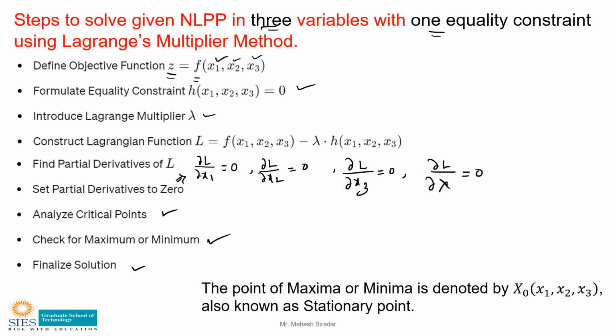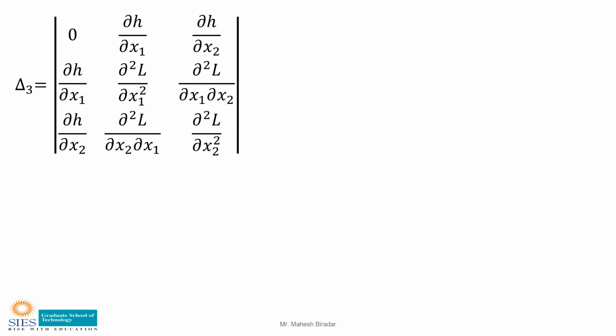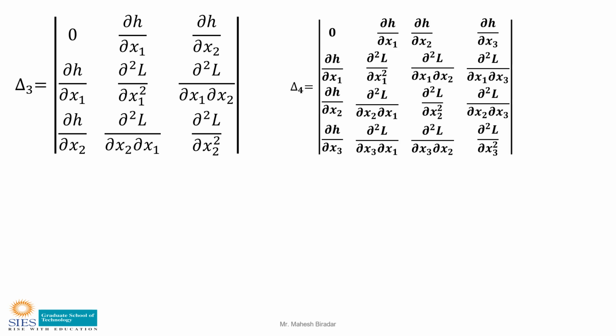So here the point x0, which contains x1, x2 and x3, is known as the stationary point or critical point. Here we need to find delta 4. Why delta 4? Because there are three variables and we need to calculate delta n plus 1.